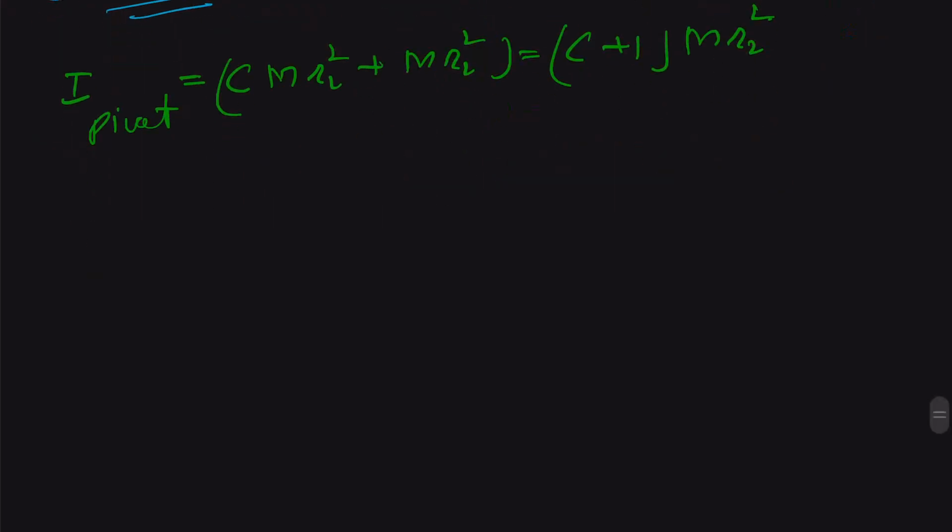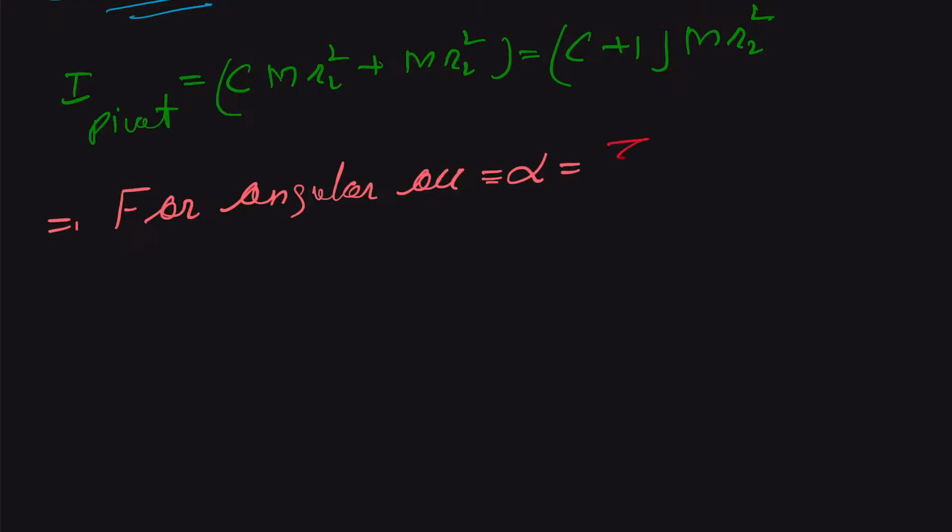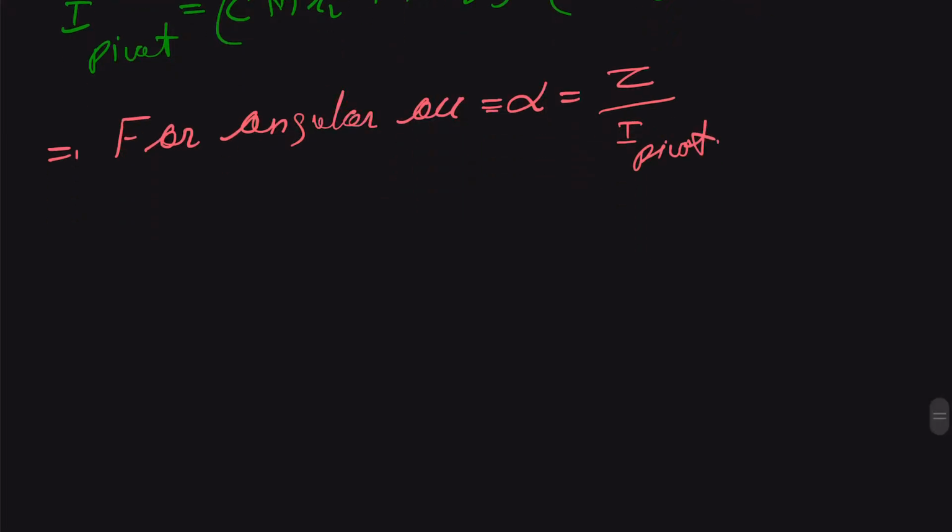we can also say that if alpha is our angular acceleration, then this alpha will be equal to torque about the pivot divided by I pivot, and torque we already know.